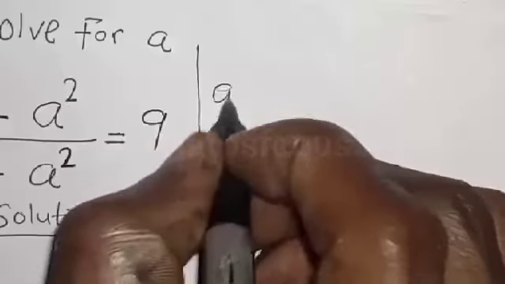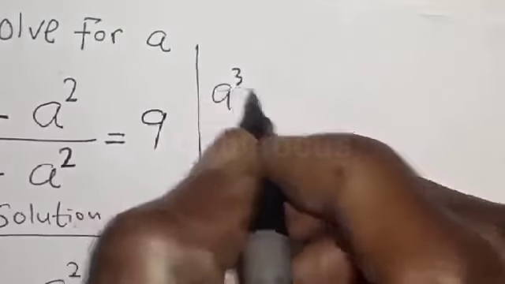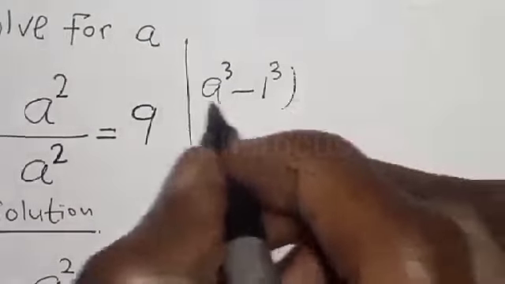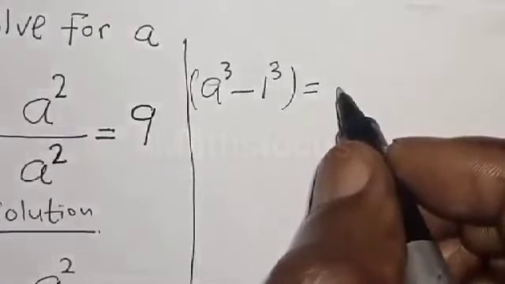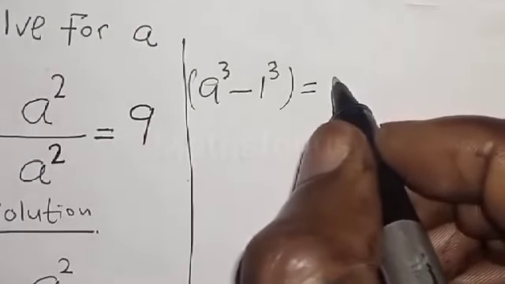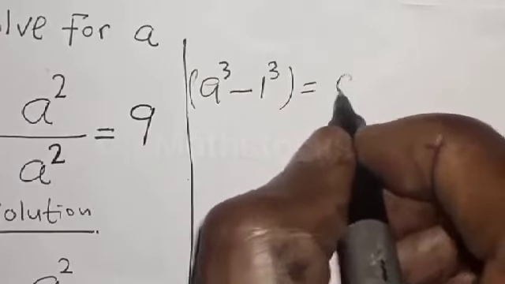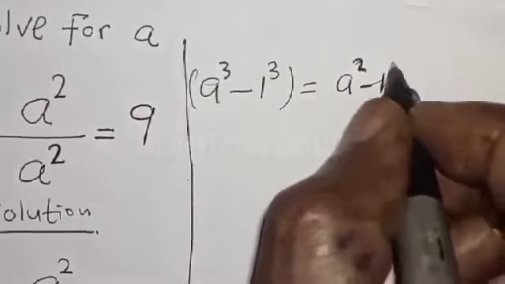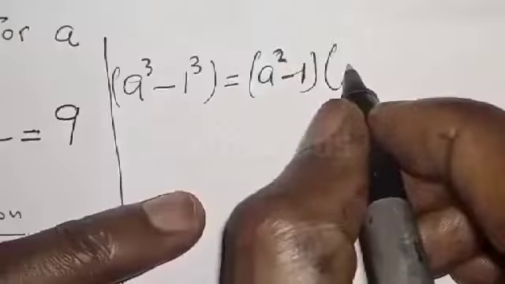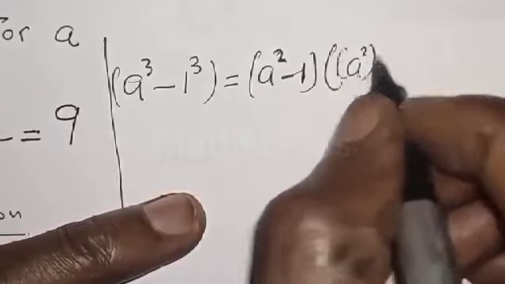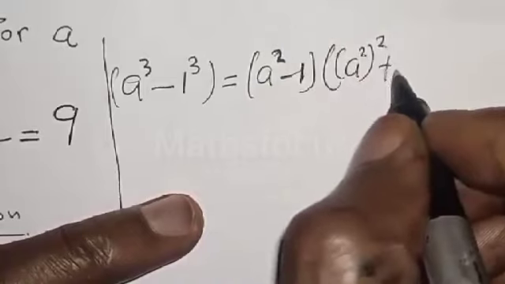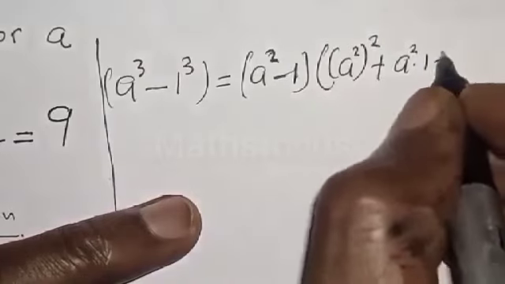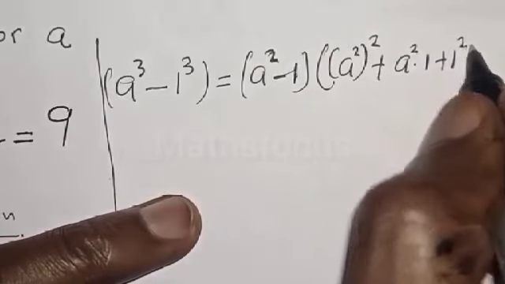Then we have a cubed minus 1 cubed will be equal to a squared minus 1 multiplied by a squared squared plus a squared multiplied by 1 plus 1 squared.